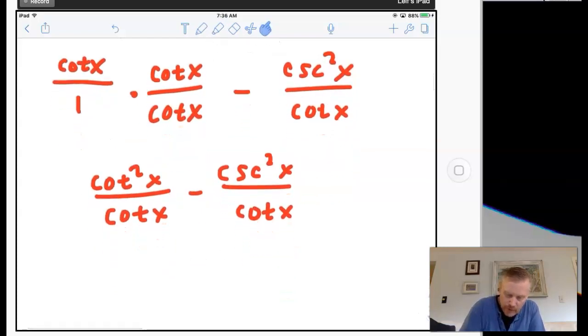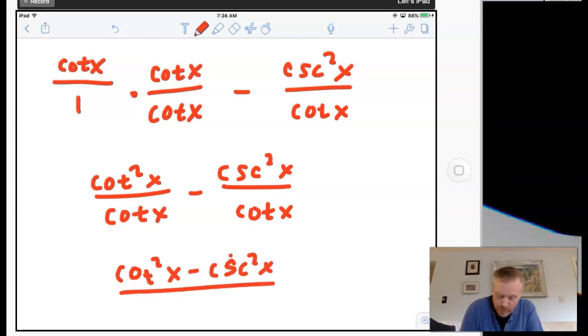Okay, and then when I subtract these, I get cotangent squared, cotangent, not cosine, minus cosecant all over cotangent of x. Okay, next, you got to look up some of your formulas if you got them on your formula sheet. Look for one that has cotangent squared and cosecant squared.